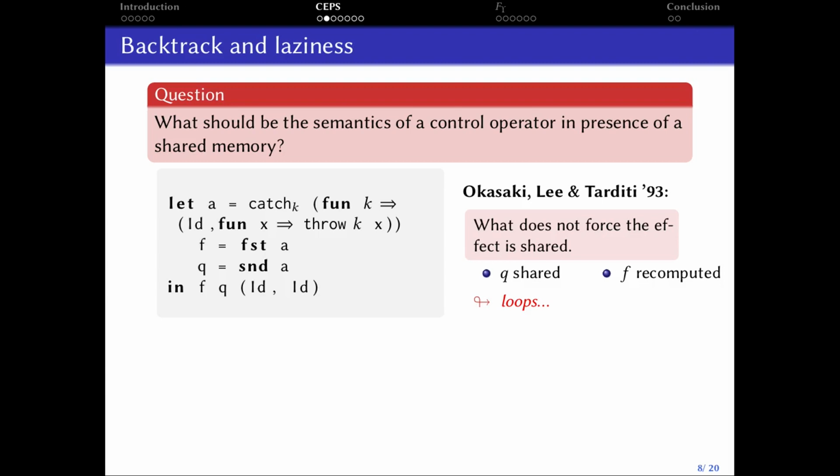You can pause the video if you want to look in detail at this example, but they had the semantics saying that what is not forcing an effect, so what is not reaching a catch or throw operation, shouldn't be shared. So this is wrong.